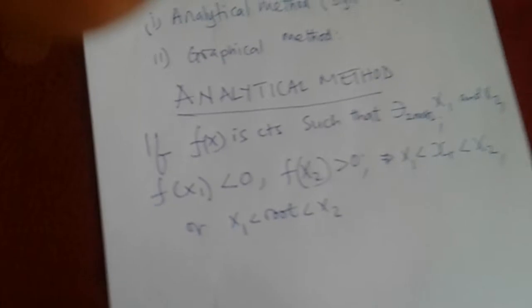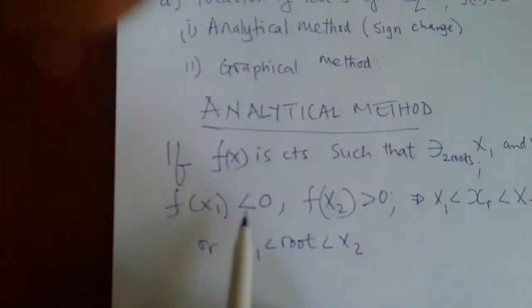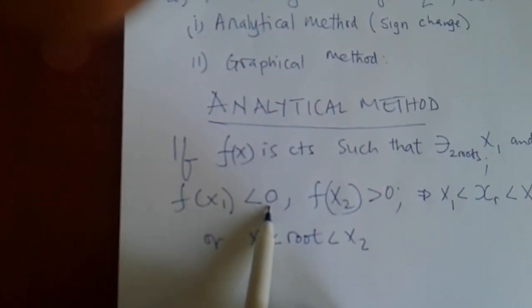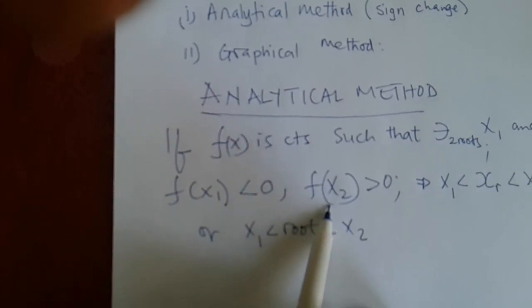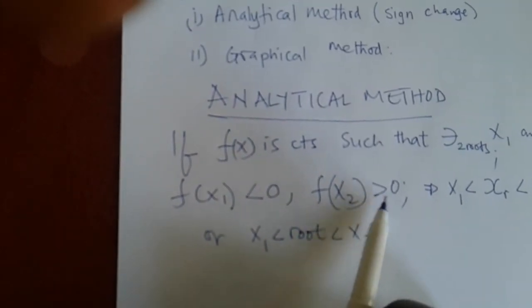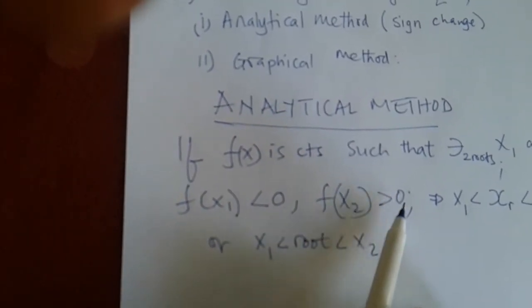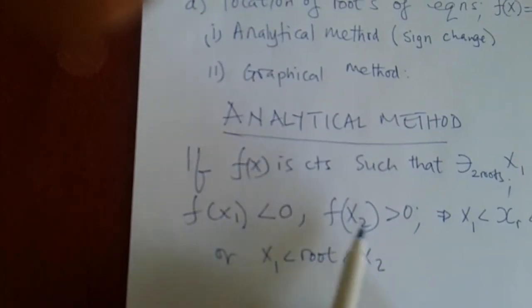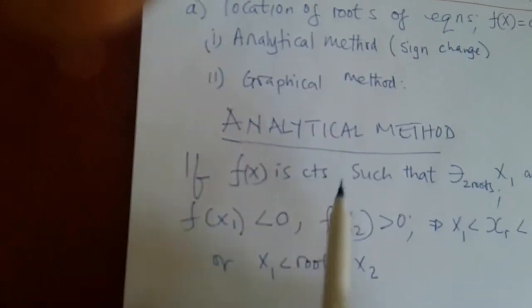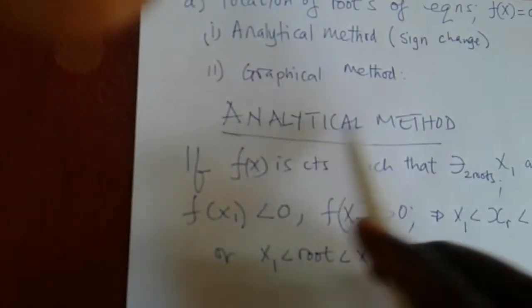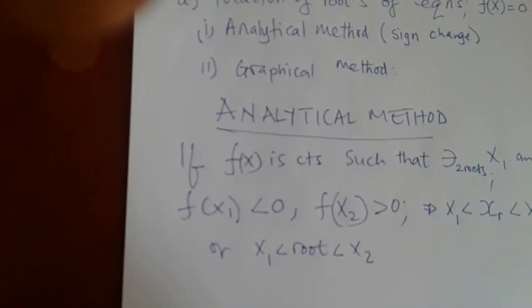We are saying that if f of x1 is less than 0, that means it is negative. If f of x2 is greater than 0, that means it is positive, and there is a sign change from negative to positive, and that approach is what we call the analytical method.